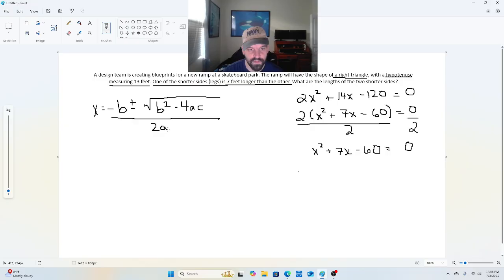Now, let's go back here for a second. Remember that if a term doesn't have a coefficient on it, it is inferred as 1. The reason I say that is it's going to help us identify our a, b, and c values that we're going to plug in directly into this formula. So we have that a is equal to 1, b is equal to 7, and c is equal to negative 60.